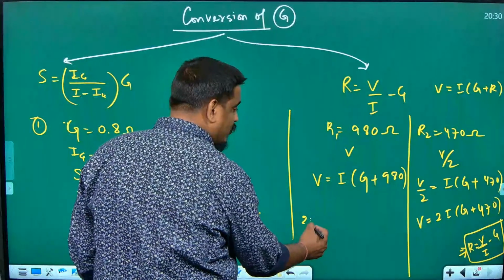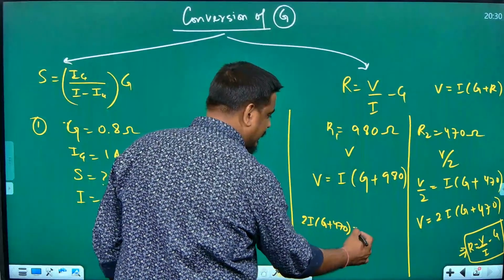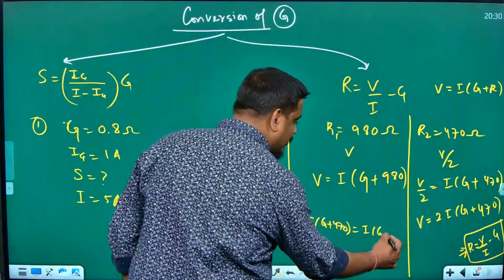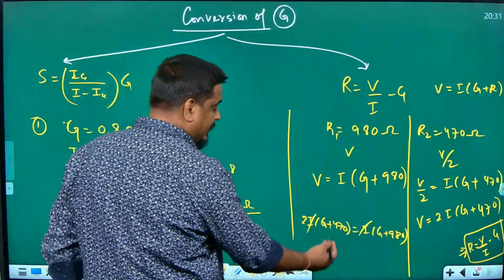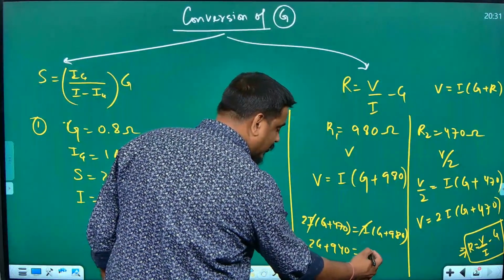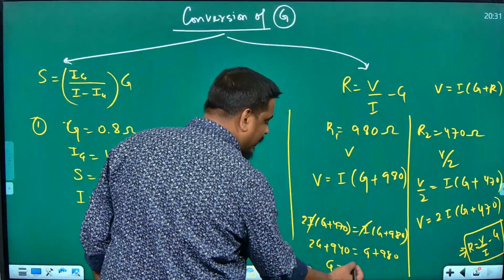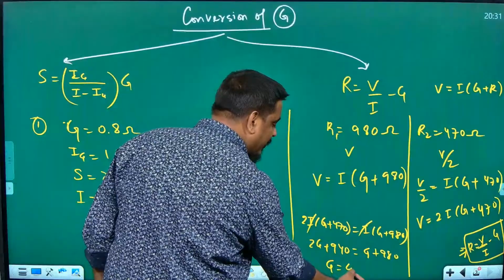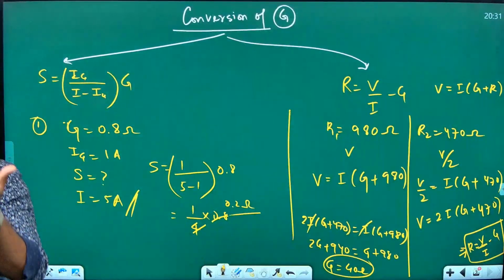You will get 2I into G plus 470 is equal to I into G plus 980. So I gets cancelled, and 2G plus 940 is equal to G plus 980. When you solve this, G will become 980 minus 940, which will become 40 ohms. Good question. Got it? Simple only.